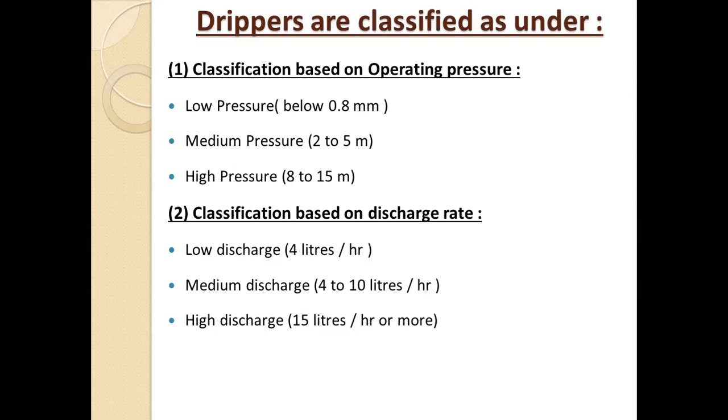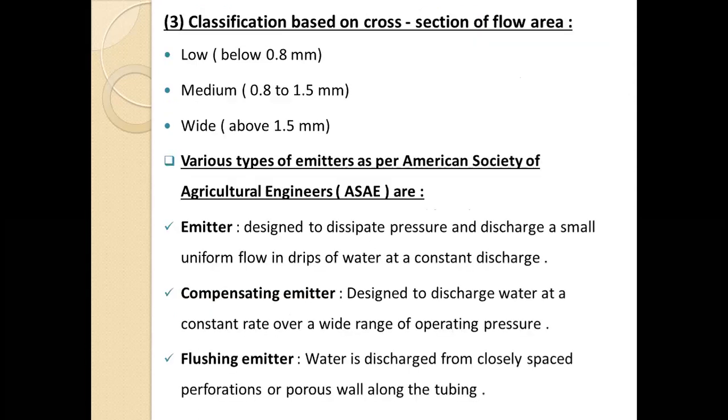And the last one is high discharge, which is 50 liters per hour or more. Third is classification based on the cross section of the flow area, in which low is below 0.8 mm, between 0.8 to 1.5 mm is medium, and wide is above 1.5 mm.